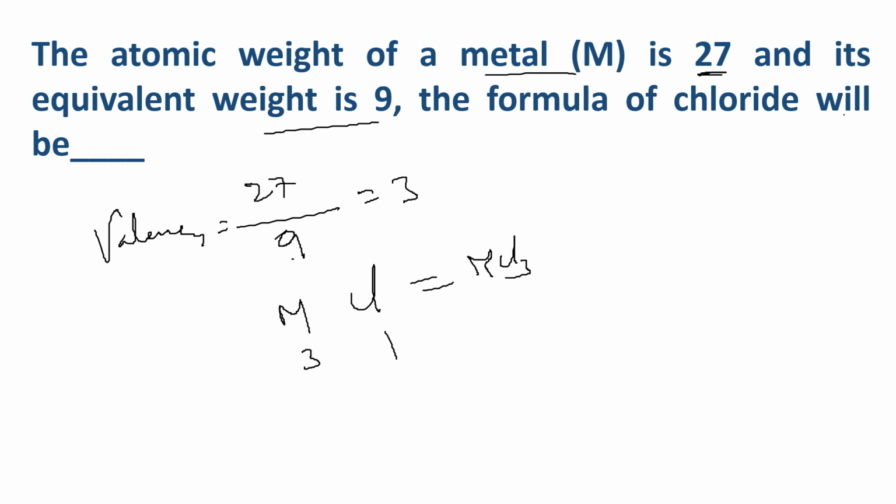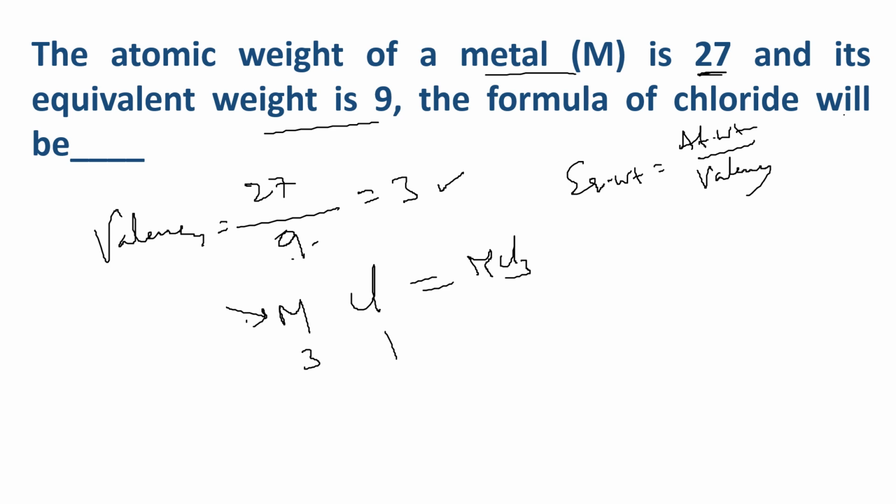You have already come across this formula. So the atomic weight is given, that is 27, and the equivalent weight is 9, so the valency is 3. So you know the metal valency is 3 and chloride is 1, then you will get MCl3. Like this you have to calculate.